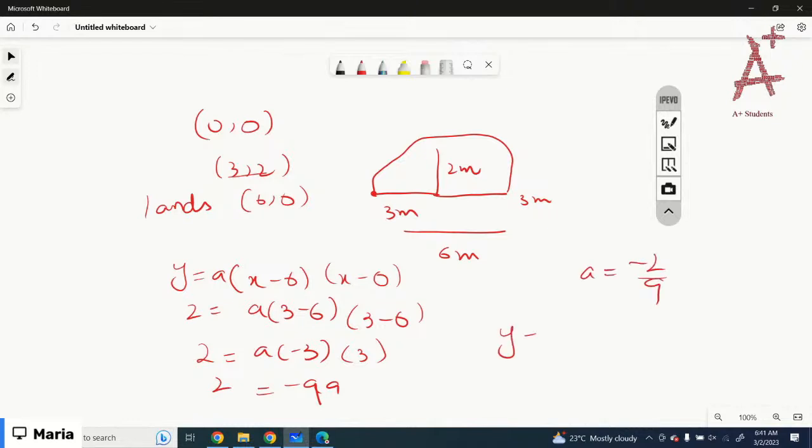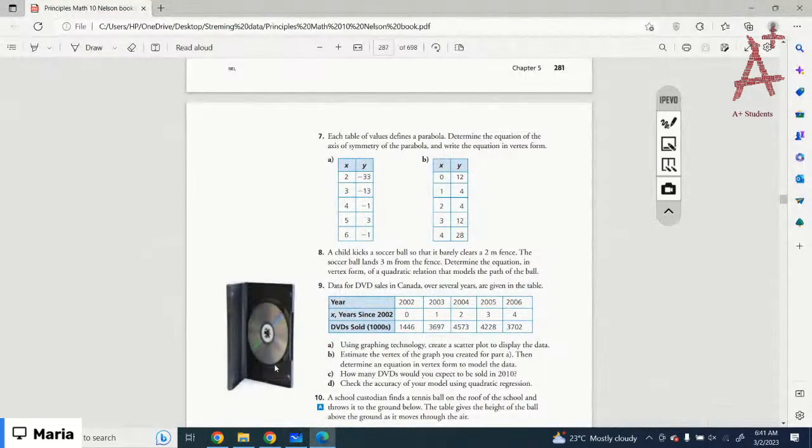That means the equation is y equals negative 2 over 9 times (x minus 3) whole squared plus 2, where this is the vertex. Got it? That would be the equation for question number 8. You can complete the rest of the questions by yourself later today.